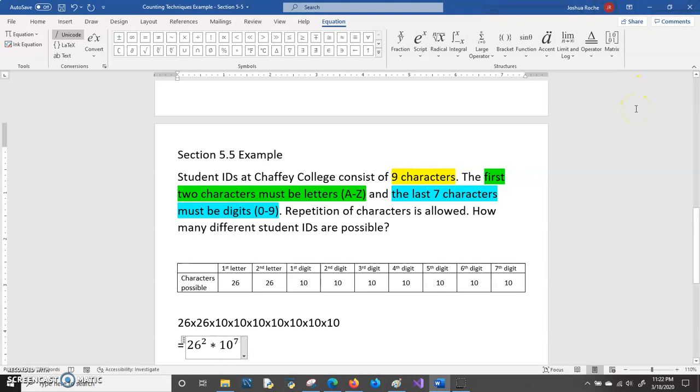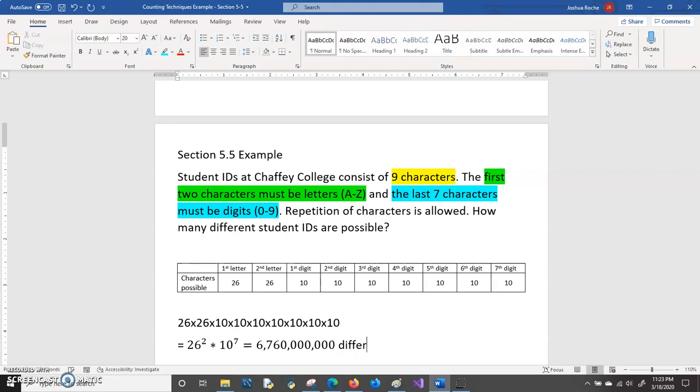And when you multiply that, it comes out to 6,760,000,000 different possible student IDs.